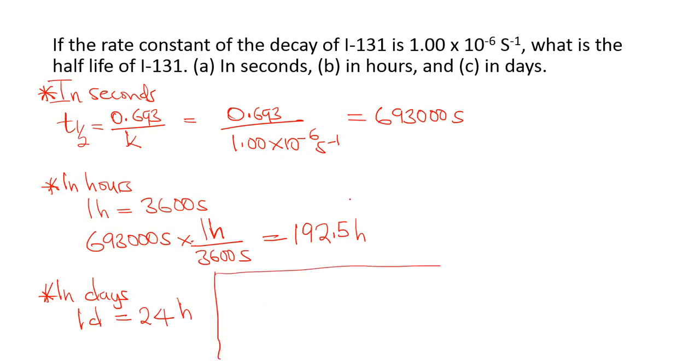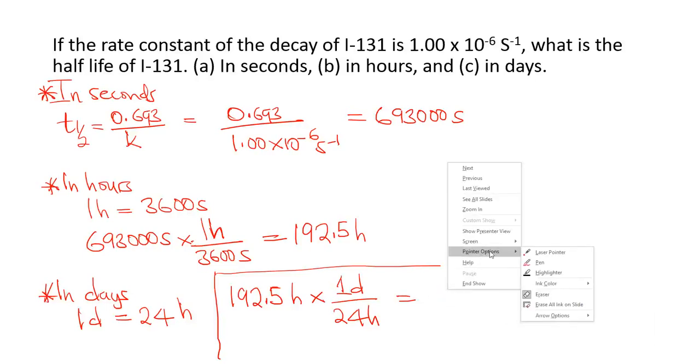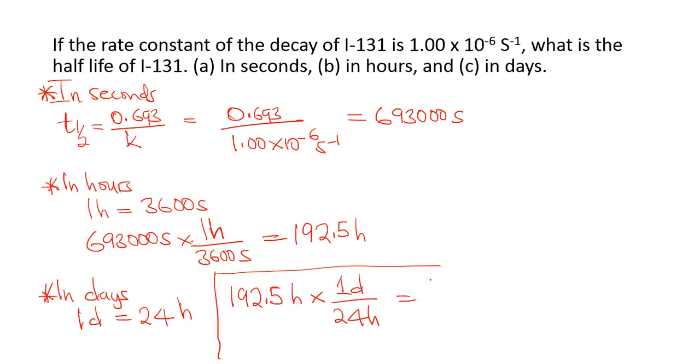Therefore, in days, we are going to have 192.5 hours times 1 day over 24 hours, which is 8.02 days.